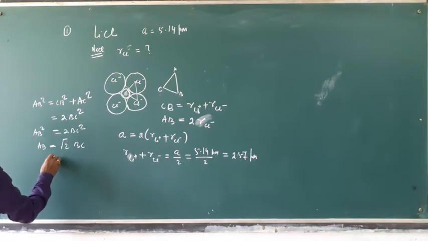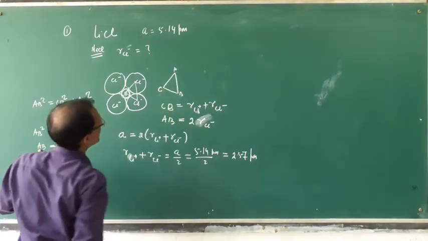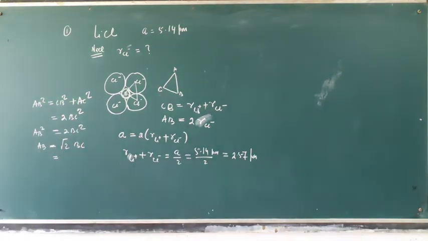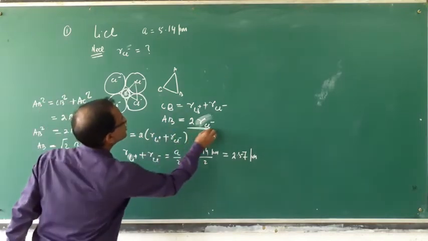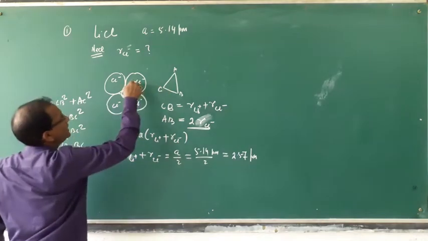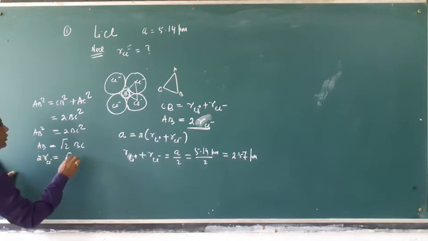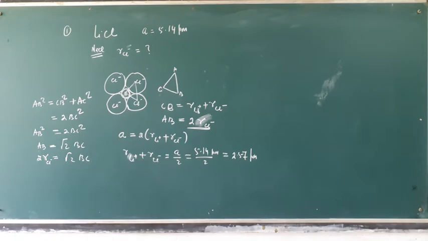And already you know AB contain how much? AB contain how much? 2 anion. AB contain 2 Cl minus, 2 R Cl minus, because AB only Cl minus. So 2 R Cl minus is equal to root 2 BC. BC is how much?